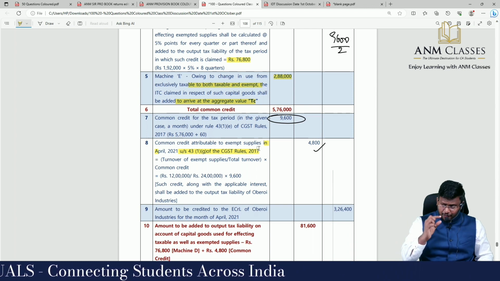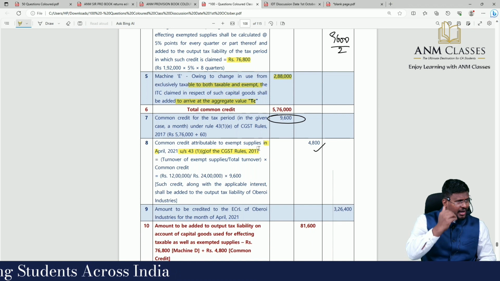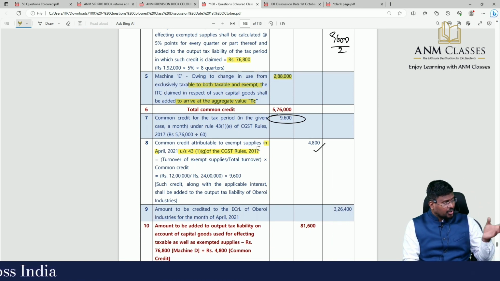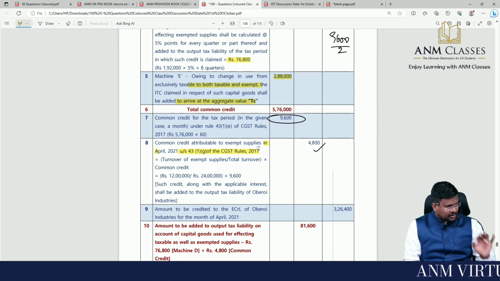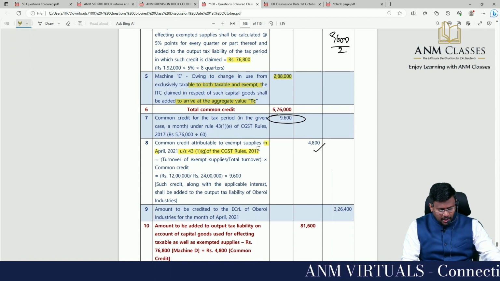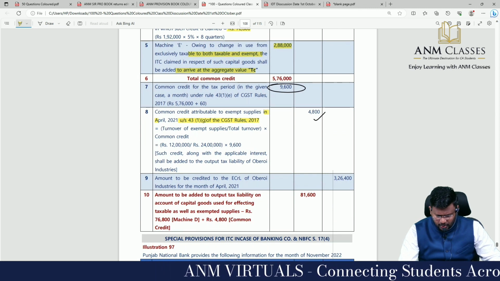So that 4,800 along with the interest should be added to the output tax liability. When you add that, the entire 9,600 is eligible to take ITC. Correct? So the amount to be credited to the ECL, sir, for the month of April 2023.